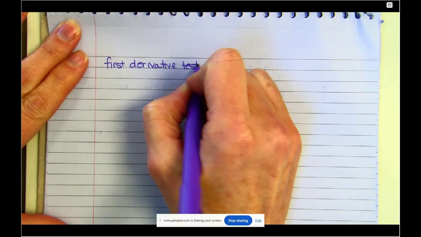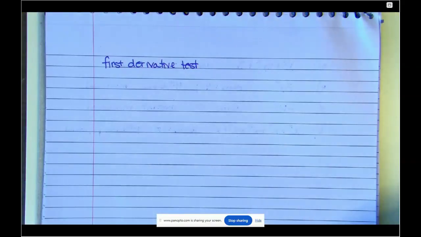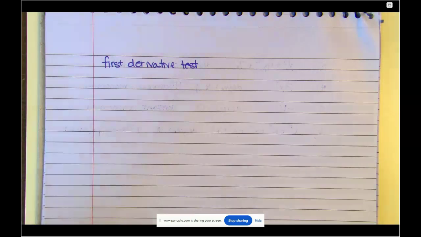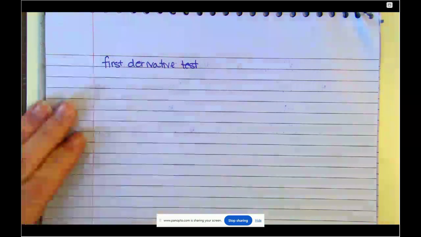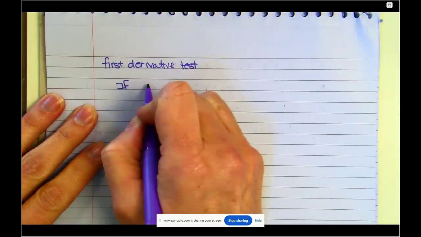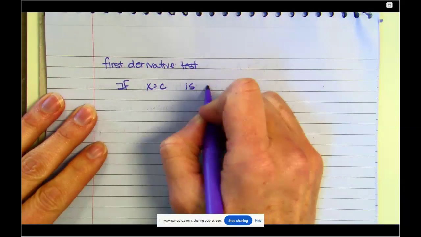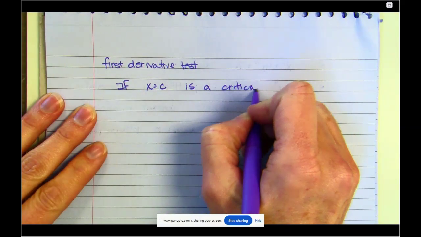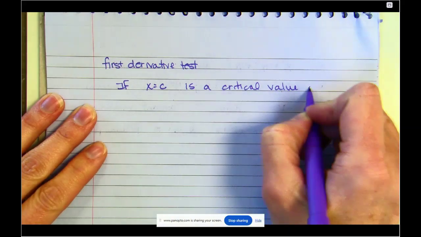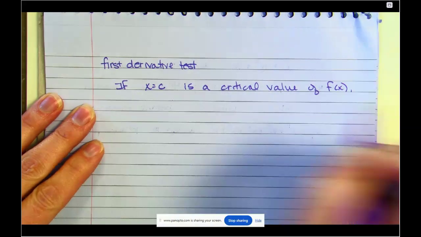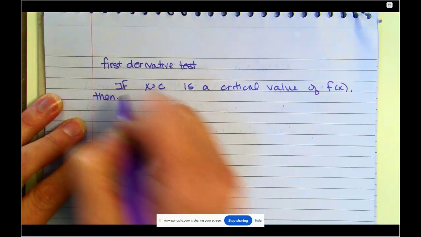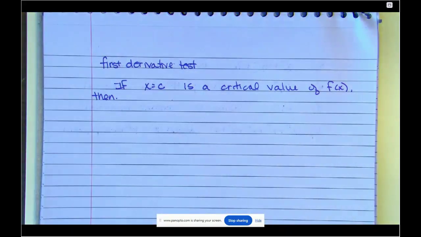The first derivative test says that if x equals c is a critical value of f of x, then there are two things we need to talk about.